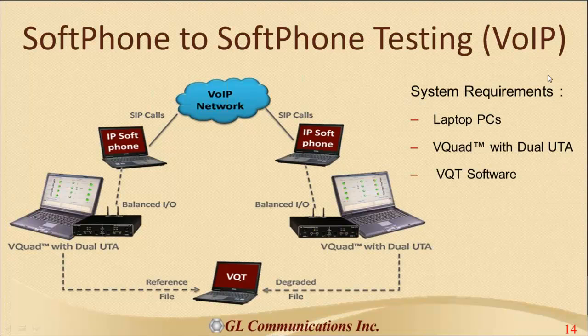We don't really care, because each side is independent. We're generating a call from one side to the other, and then we're doing voice quality and delay measurements, signal to noise ratio, echo measurement and pretty much anything. So we're fully independent on both sides. That's the key here.